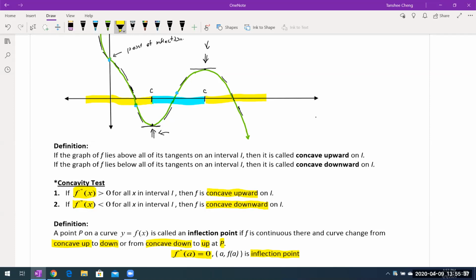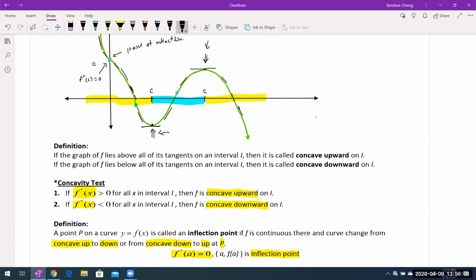For example, the one I mentioned earlier: at this point, the graph is concave up and changing into concave down. At that particular point C, we will also get f double prime of C equal to 0. There are cases where you get f double prime of C equal to 0, but you will not have a point of inflection, because the concavity doesn't change.